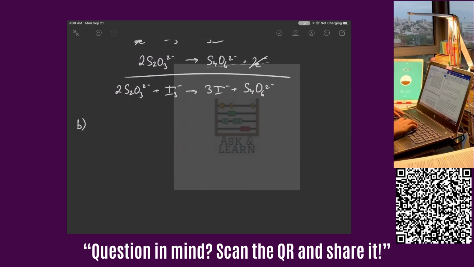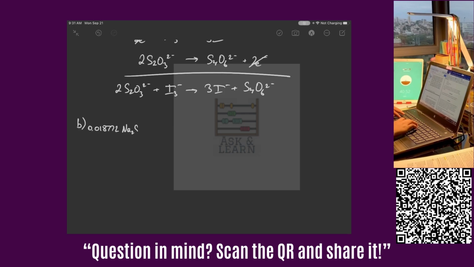Okay, so from the titration, sorry, we have 18.77 milliliters of Na2S2O3. So let's convert to liters.